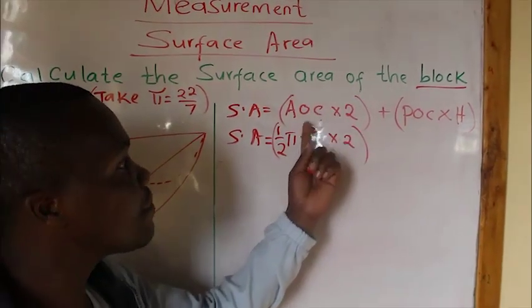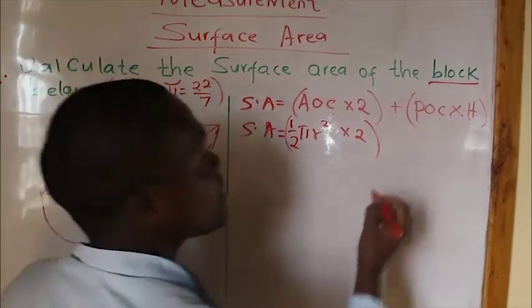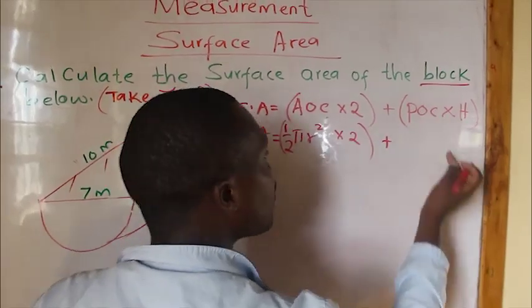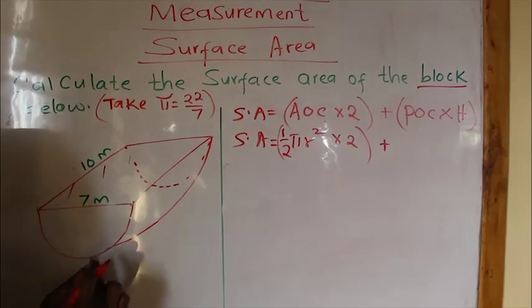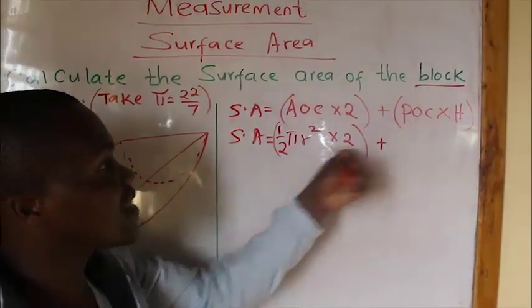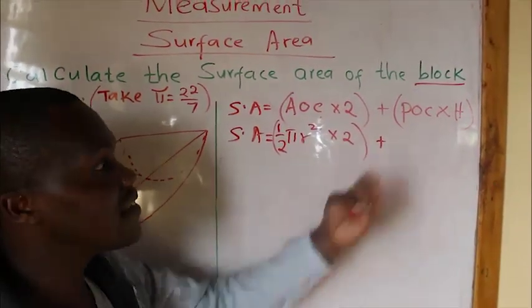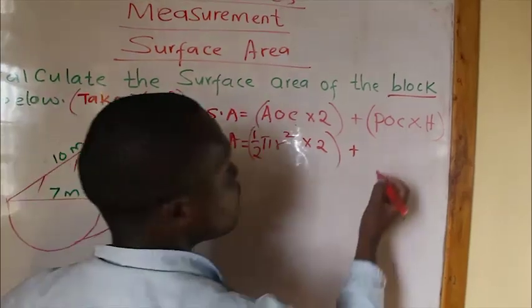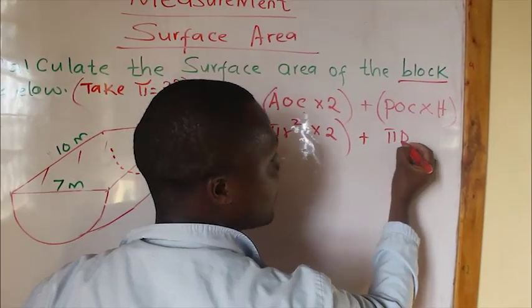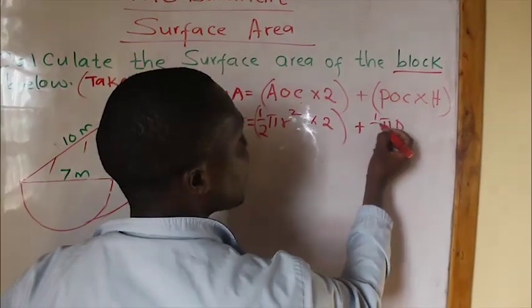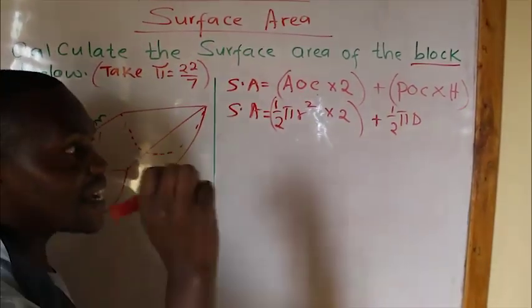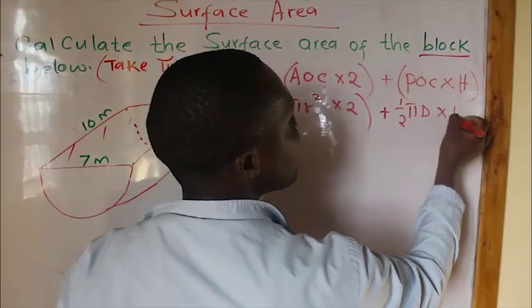I am interpreting my cross section plus the perimeter of the same cross section. The cross section is still a circle, but it is a semicircle. You know, perimeter of a circle could also be the same as the circumference of a circle. So the circumference of a circle is pi d. Now because it is still half of a circle, I will remember to write my half pi d, then times height.